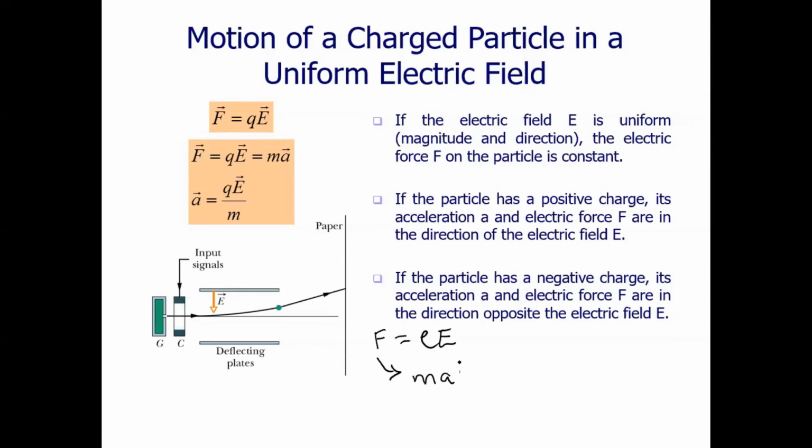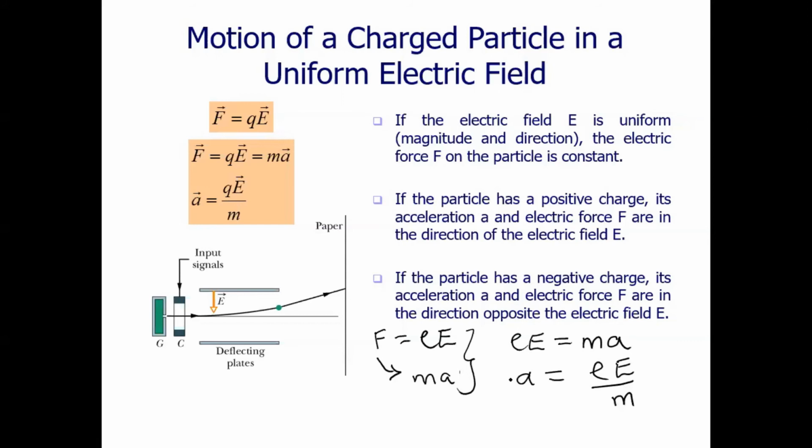Okay, so if you equate these two, then eE must be equal to the mass times the acceleration. And if you make acceleration the subject of the formula, then what you get is eE over the mass.